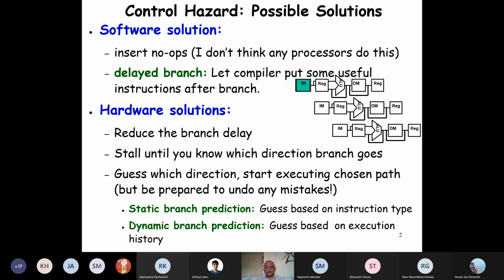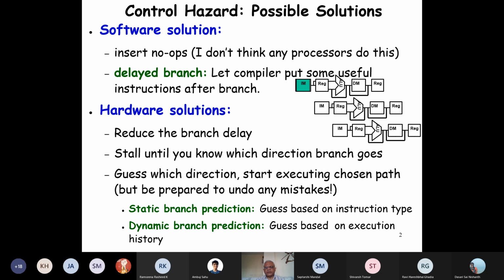But in this prediction based hazard resolution, you must be prepared to undo any mistakes, like when the branch outcome was different and an instruction which should not have been executed started to execute.